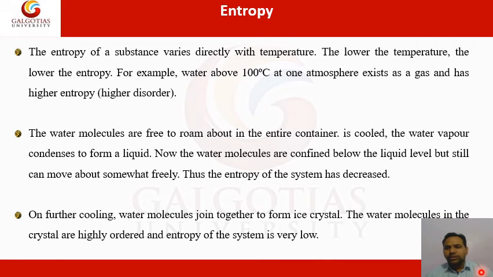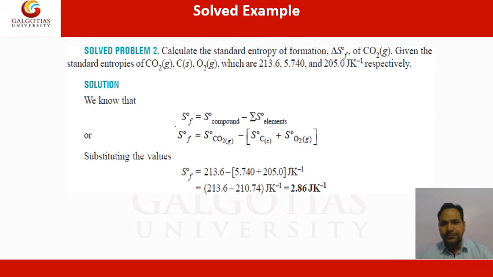The water molecules in the crystal are highly ordered and the entropy of the system is very low. They are showing you these three types of orderliness: very low disorder, randomness and high randomness. Now move to the next slide.